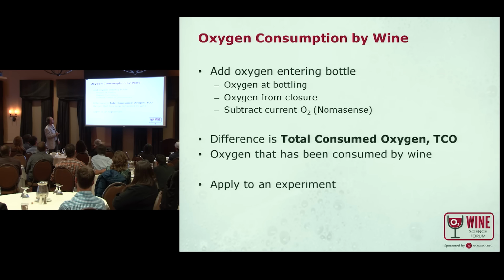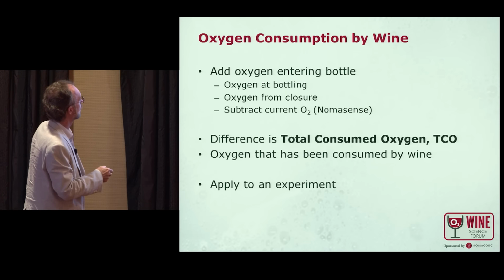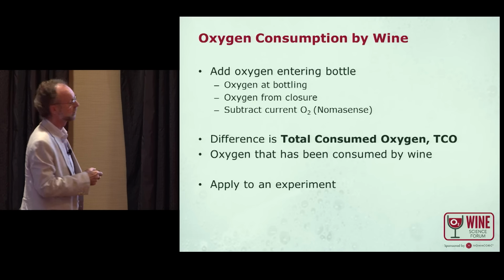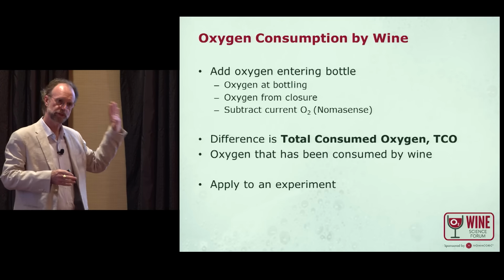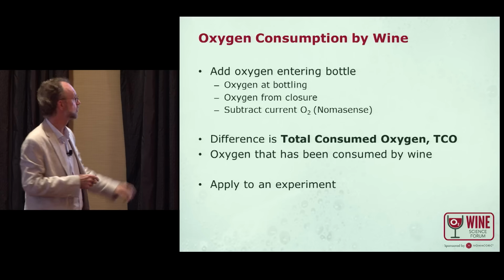So if we're going to calculate, I think I've gone over this, to calculate the amount of oxygen that's come into the bottle, we have to know the amount of oxygen entered at bottling, which we'll measure immediately after bottling. Then we have the oxygen that comes through the closure, which we are estimating through that prior trial on similar closures, right?